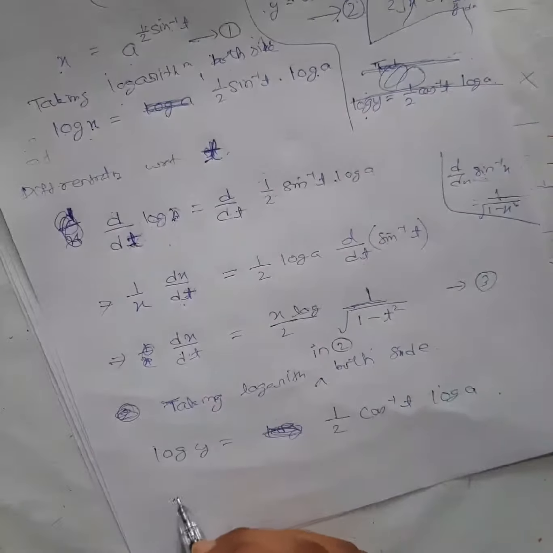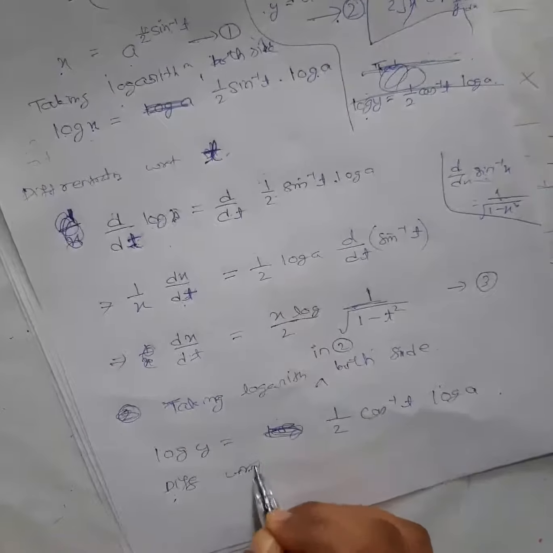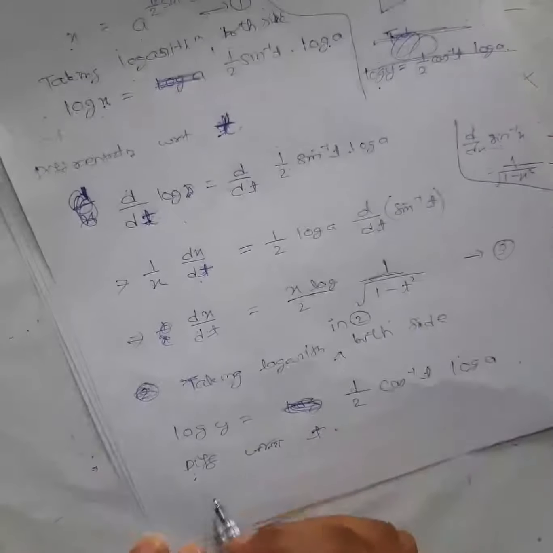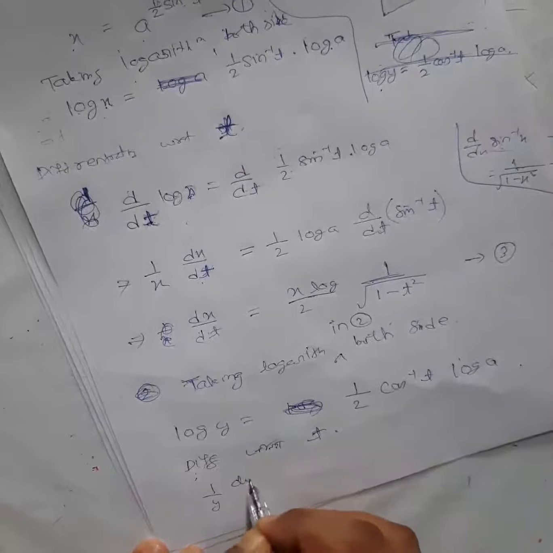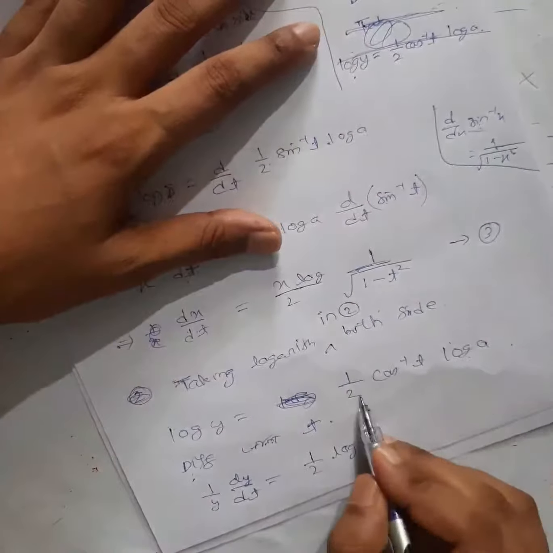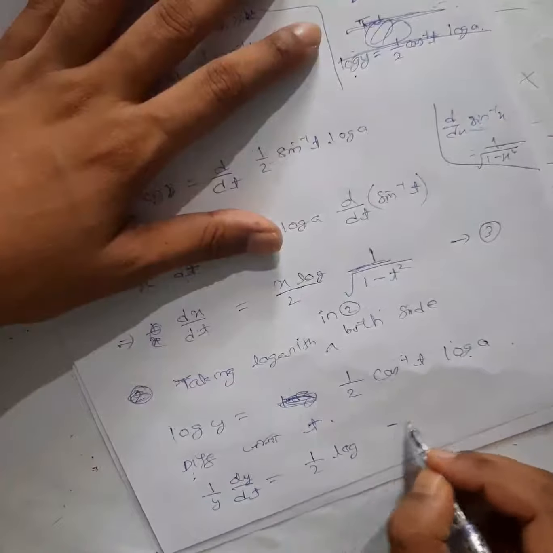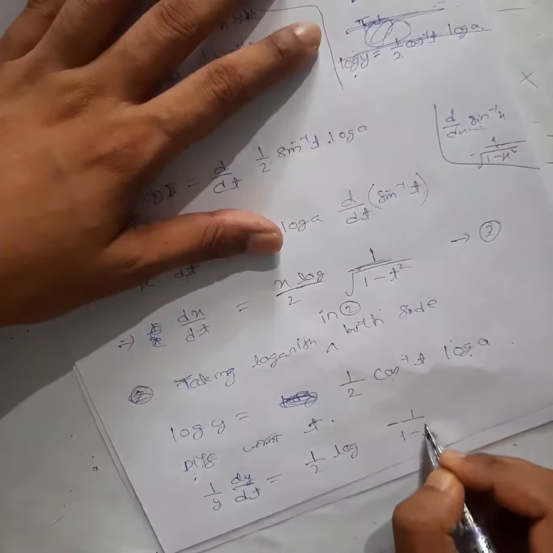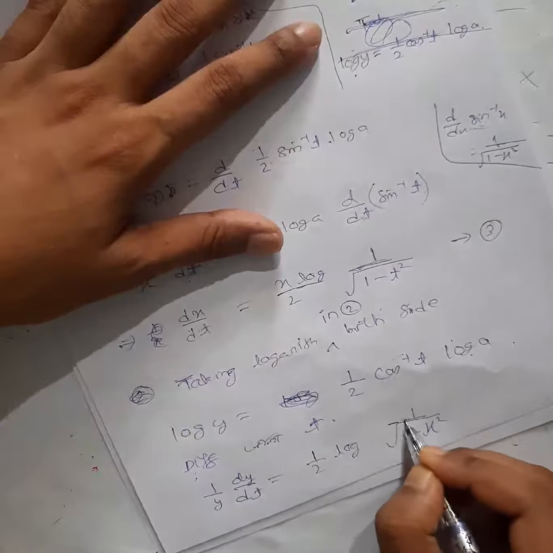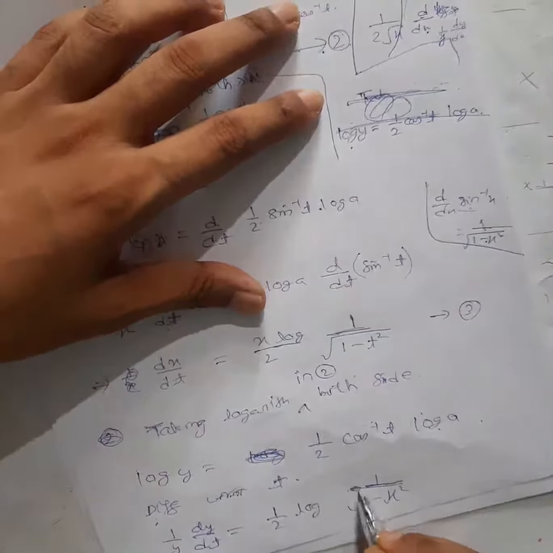So differentiating this with respect to t, what will you get? 1 by y dy by dt is equal to 1 by 2 log a, this is a constant, right? It will come outside, this you have to differentiate. So the differentiation of cos inverse t is minus 1 by root of 1 minus t square, same as sine inverse only, the only thing is here it will be minus.